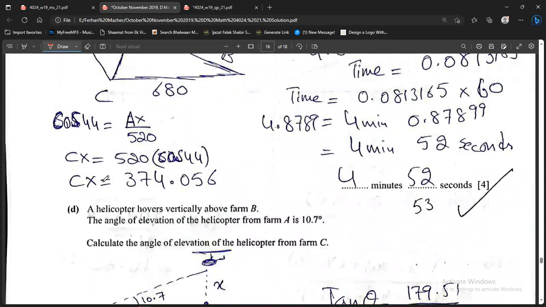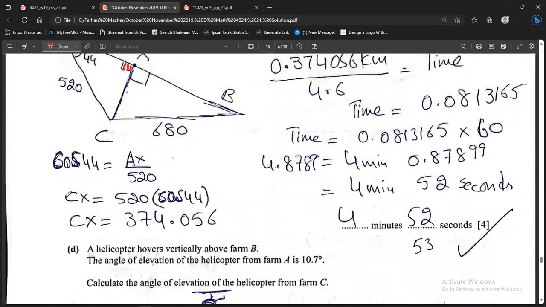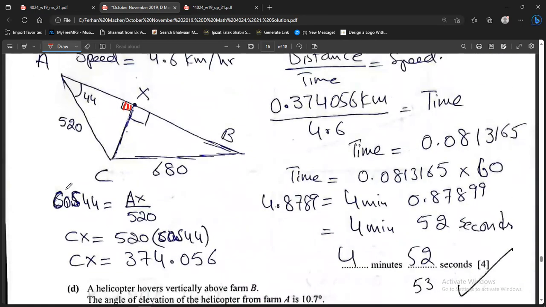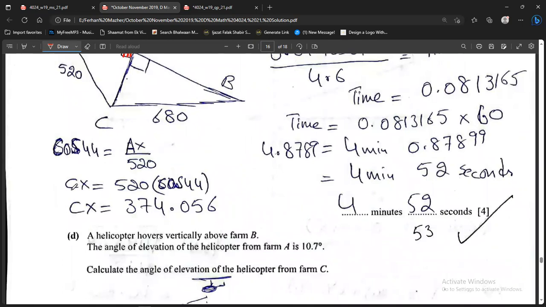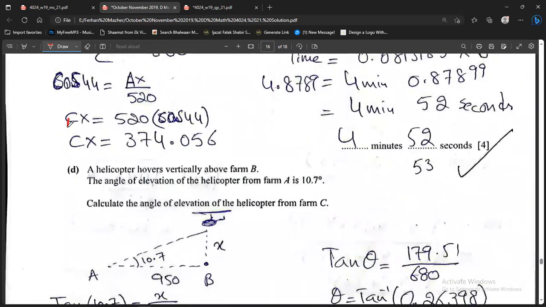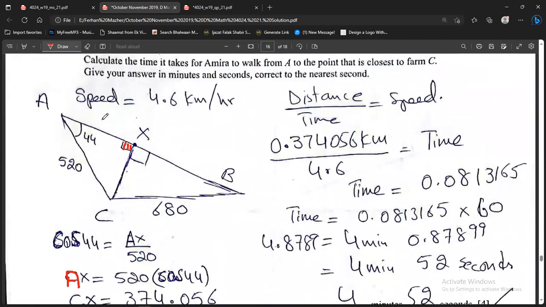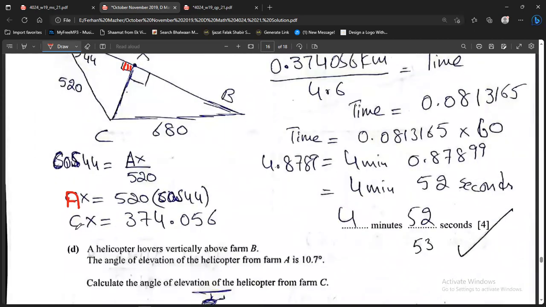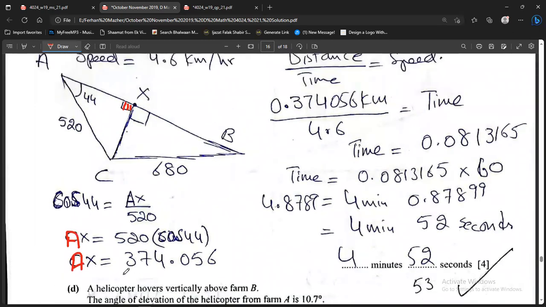So this is AX basically. We are trying to find out this. So that distance from A to X is 374.056.